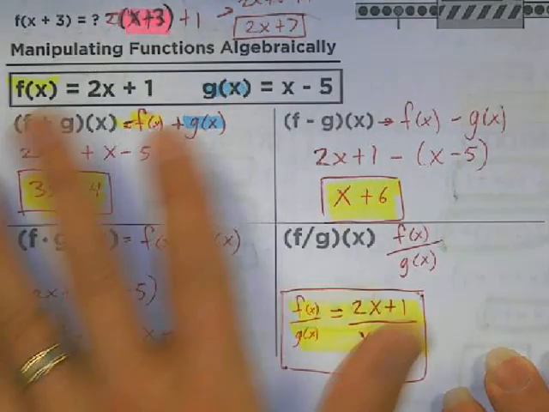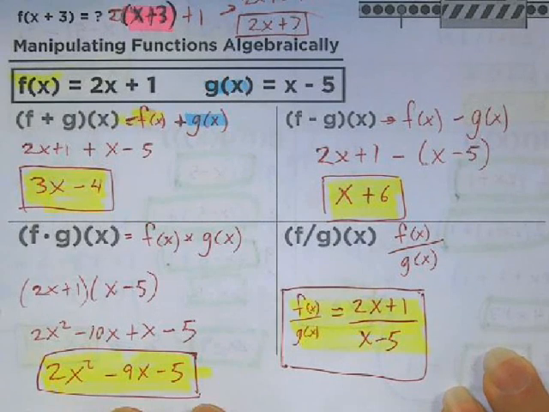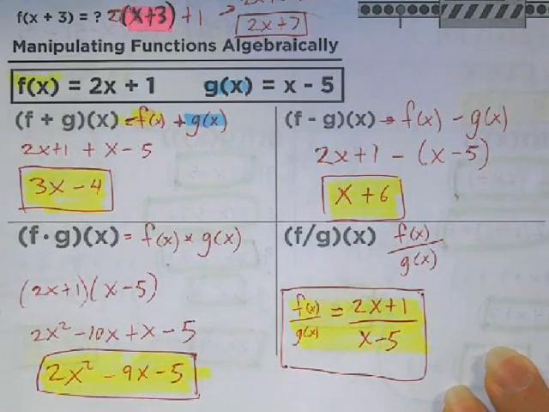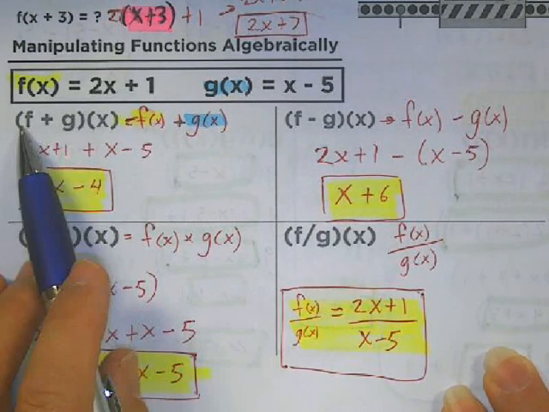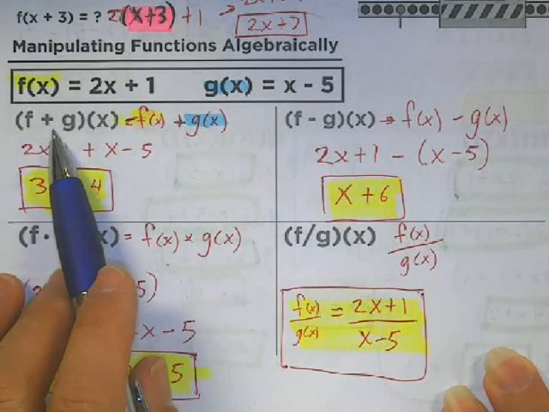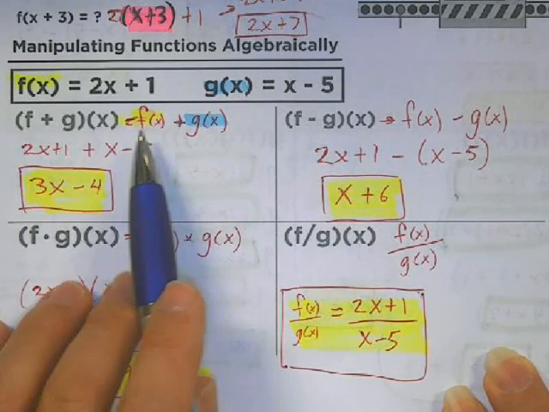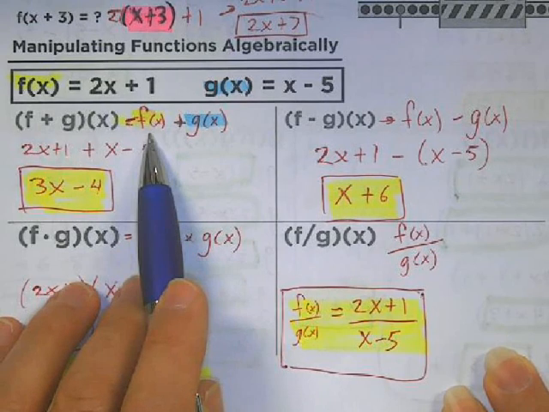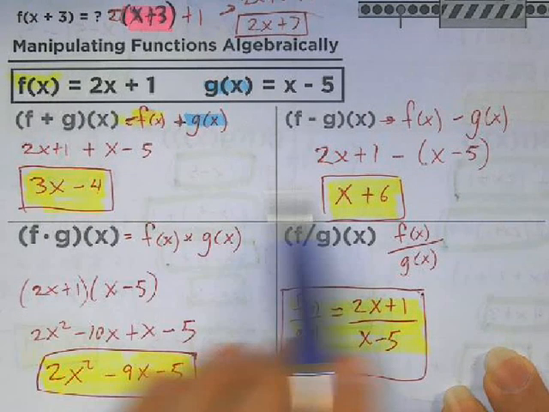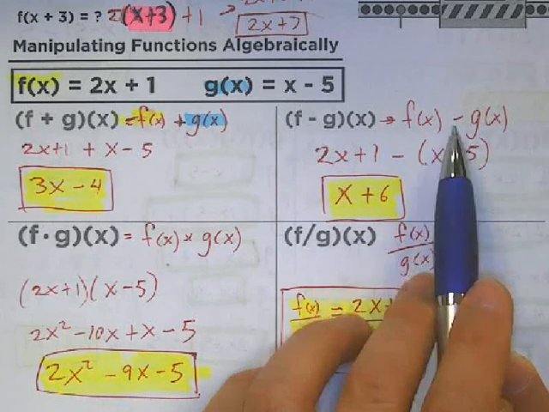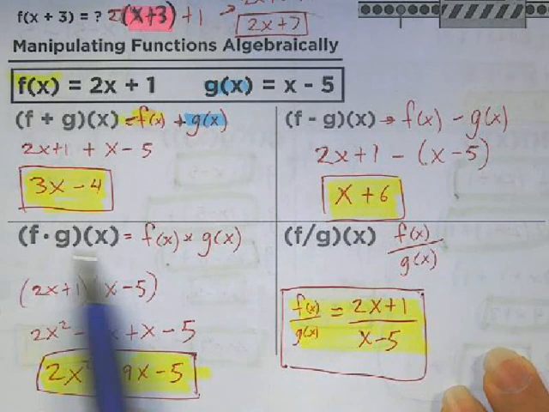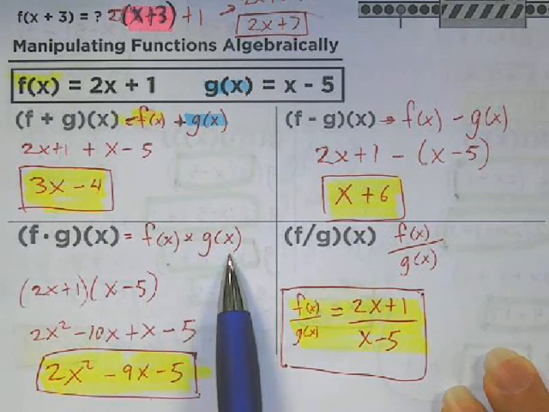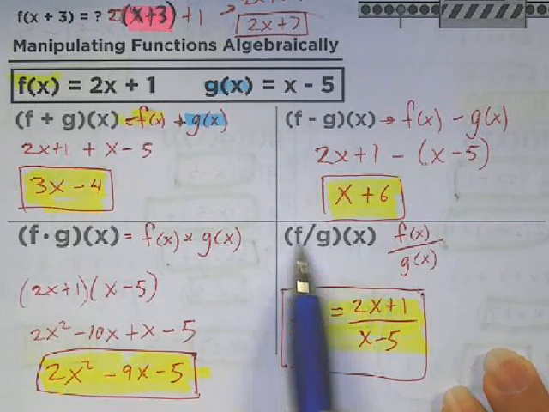Okay, so these functions we're not really going to see on any tests probably at all, but it's useful to see. If I have f plus g and then the x like this, it just means the function of f plus the function of g. This minus means the function of f minus the function of g, the function of f times the function of g, and the function of f divided by the function of g.